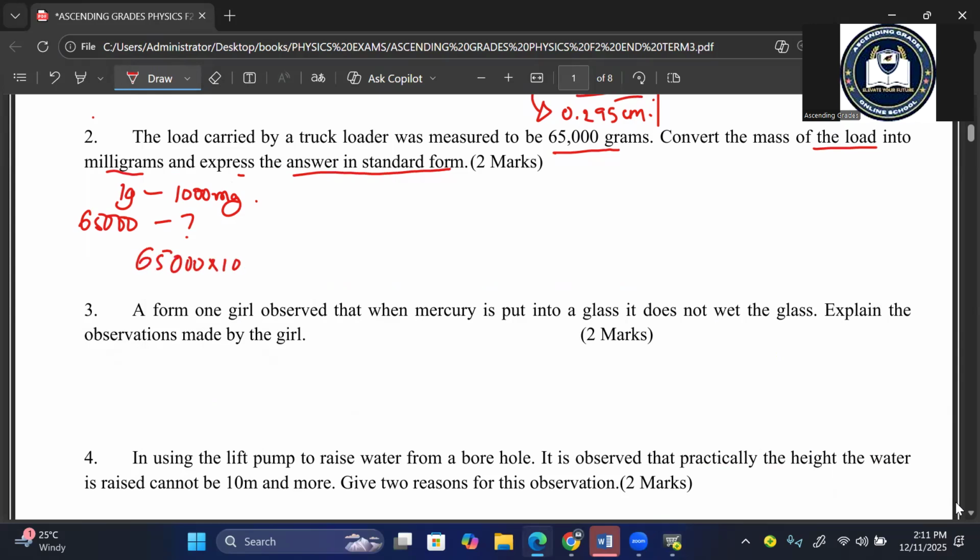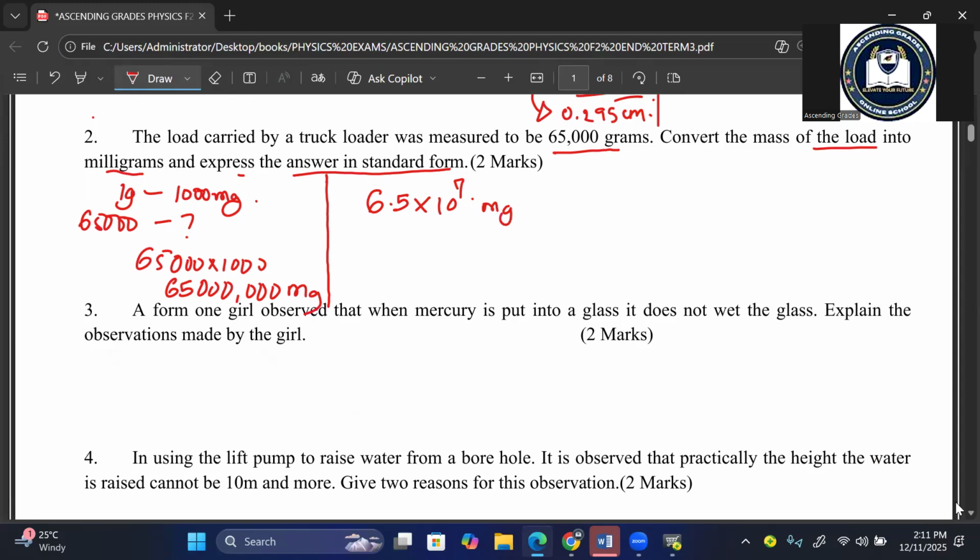65,000 times 1,000. You get 65 million milligrams. Then we have an instruction where we are told that you need to give it in standard form. So this will be 6.5 times 10 raised to power 7 milligrams.